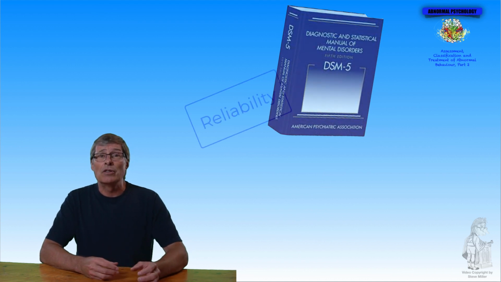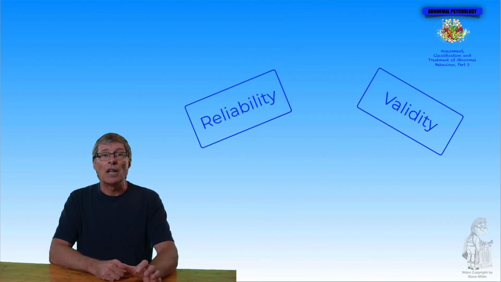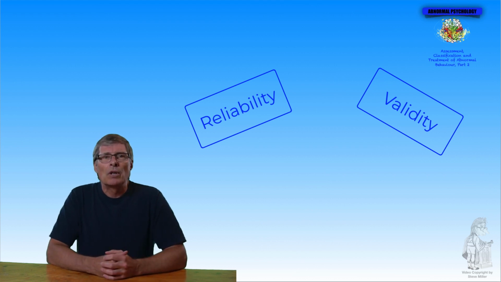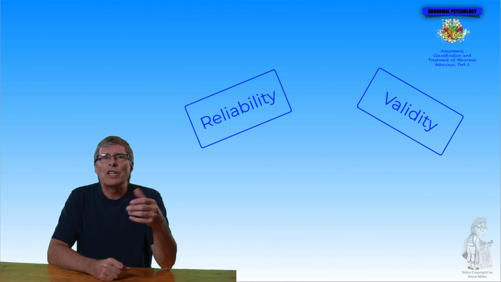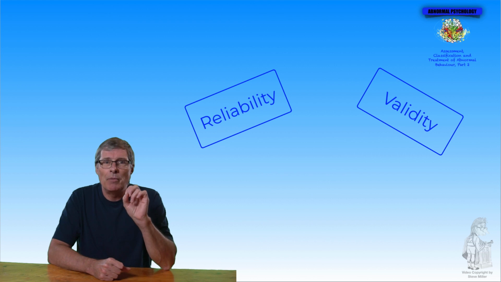For clarification, the terms validity and reliability, because I mentioned in the first part that we would revisit it, and we're going to do that here. Validity is the extent to which a study or research instrument accurately measures what it's supposed to measure.